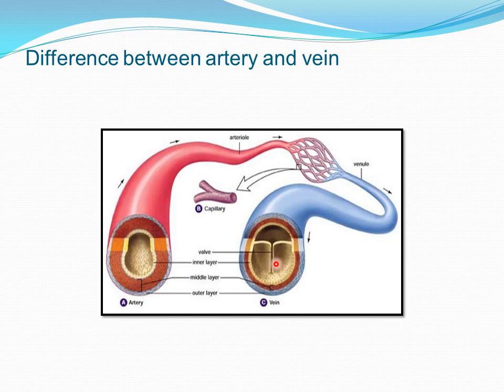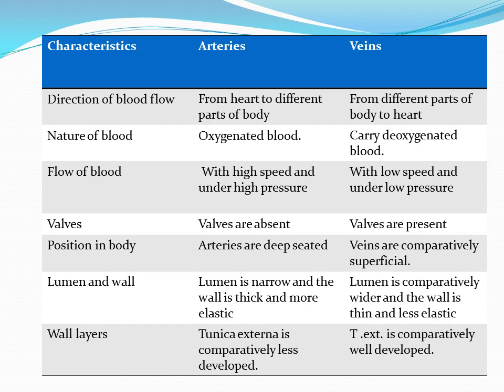Now let us see what is the major difference between the artery and the vein. This is all we can see about the structural difference. There are some functional differences also. Let us see what those functional differences are. Based on certain characteristics, I have divided the difference into many parts.